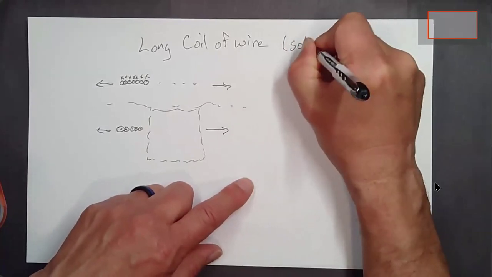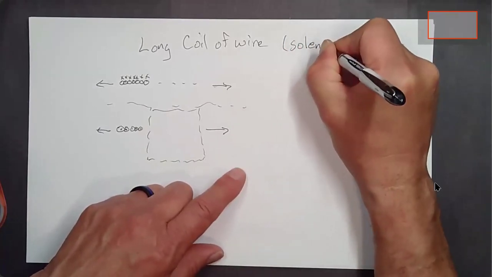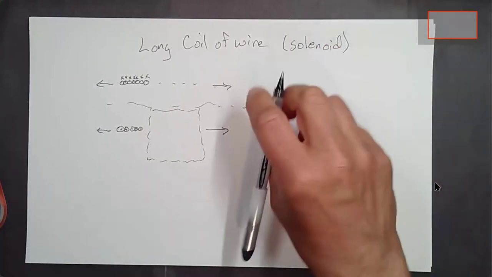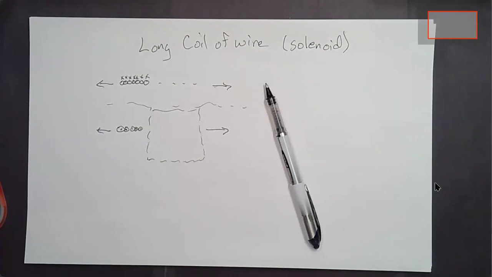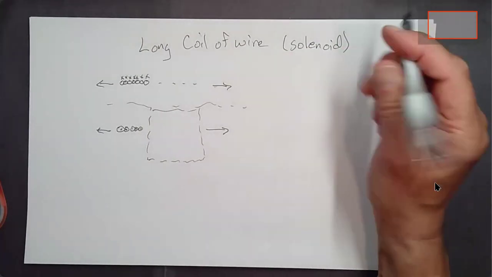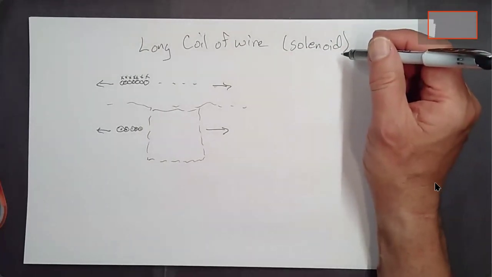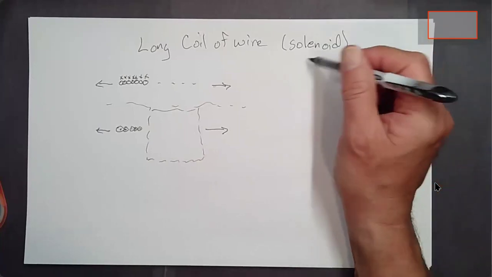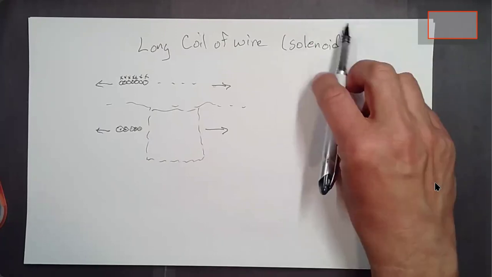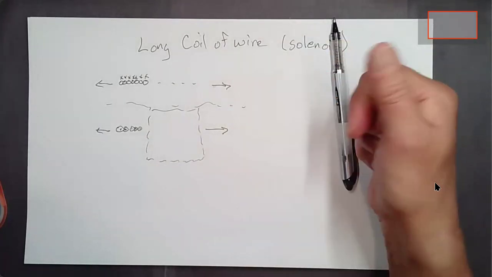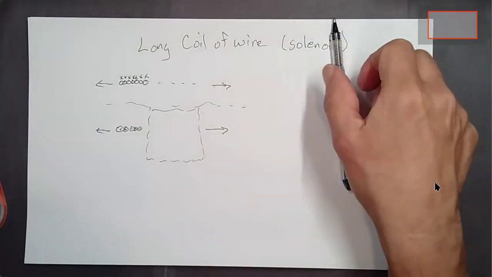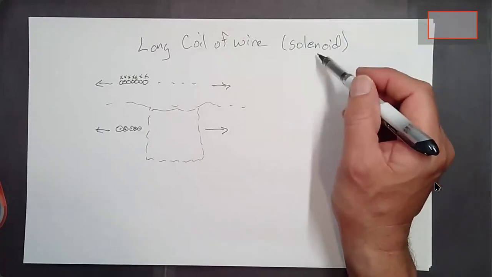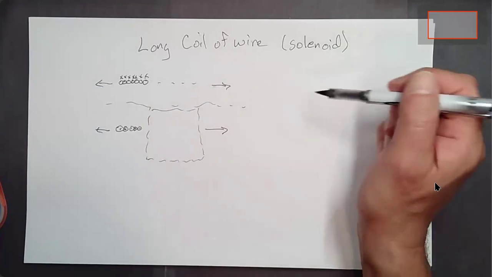And the solenoid in your car, I think cars still have solenoids. Haven't had to monkey with one in a long time, but I don't work on cars much anymore because they're all too much electronics. But when you have your car in the start position, it would make current go through a solenoid, which is a long coil of wire.